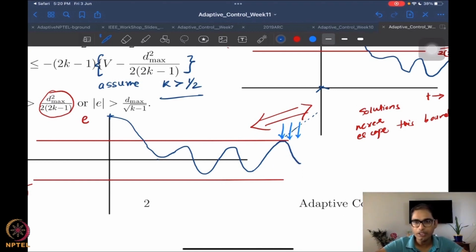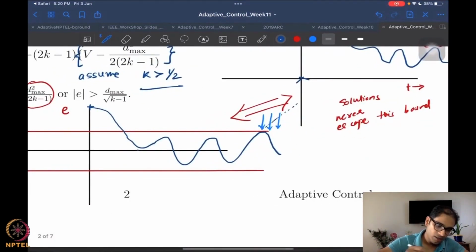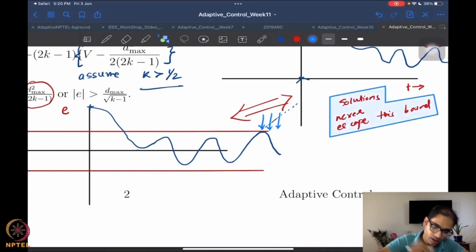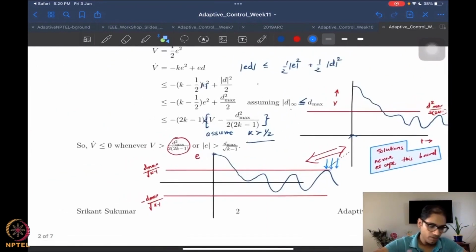This can of course be proved analytically. We are not proving it, of course. But this is the important fact, that the solutions of such systems will never cross the boundary.